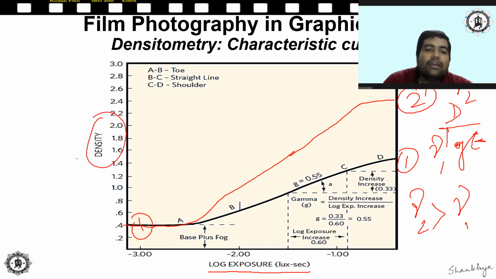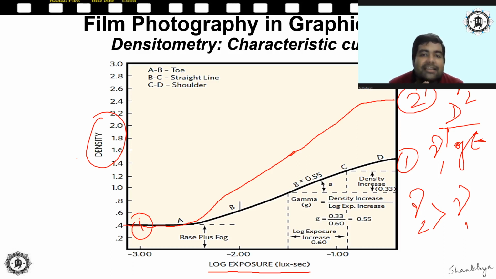You see, logarithmic scales are able to accommodate a greater range of data than a linear scale. I will explain all this when we do the half-tone class and colorimetry class in the next semester also. But the response of the human eye towards varying amounts of light is not linear in nature. It is logarithmic in nature.